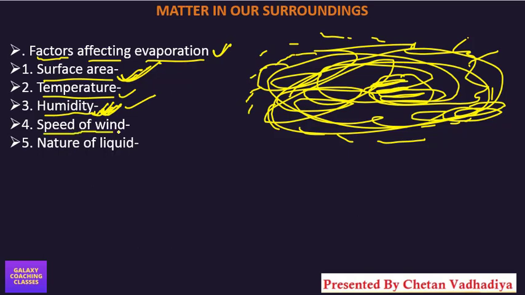Now speed of the wind, yes, this is also a factor. Speed of wind will take these particles very far from each other quickly. So when the speed of wind is high, evaporation also happens quickly.